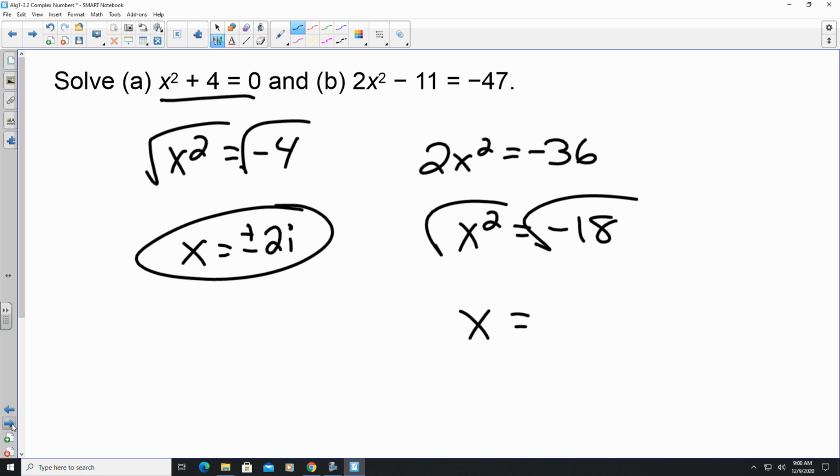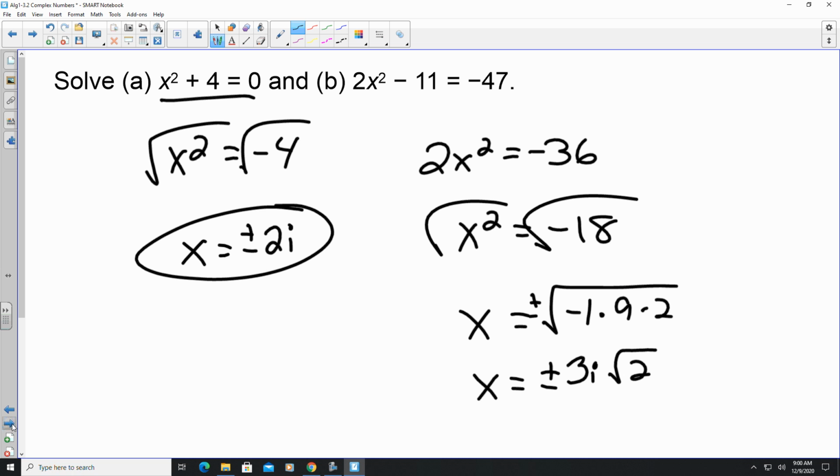This here, you're going to rewrite as negative 1 times 9 times 2. So x is going to be equal to plus or minus 3i times the square root of 2. Remember, when you take the square root, you have to put in the plus or minus for those values.